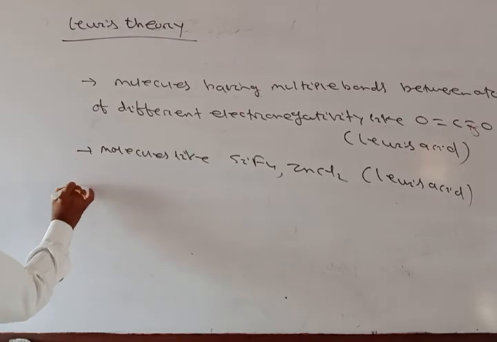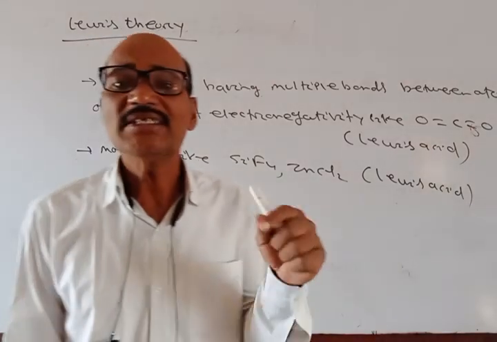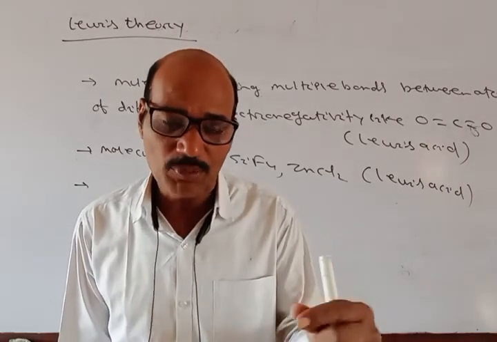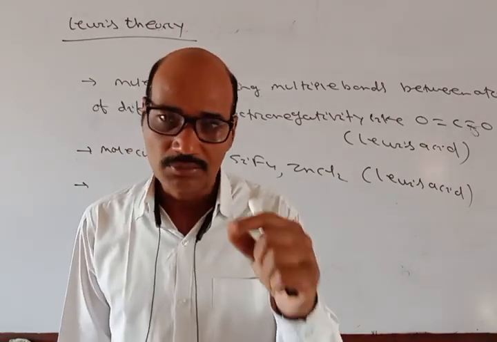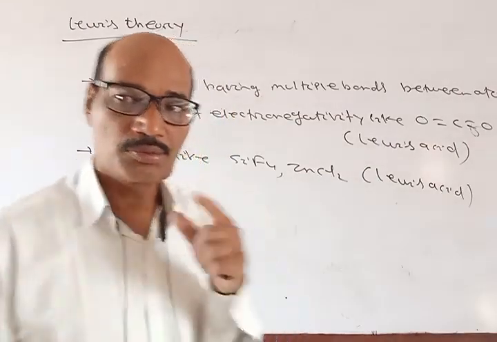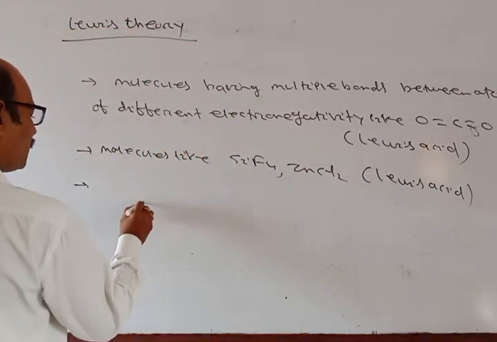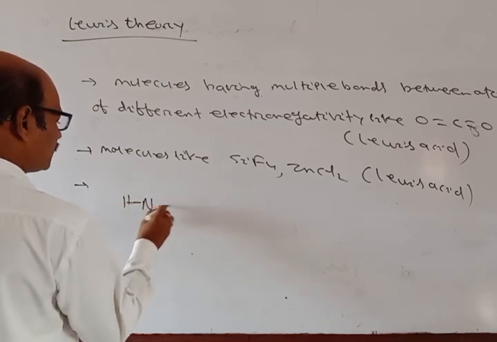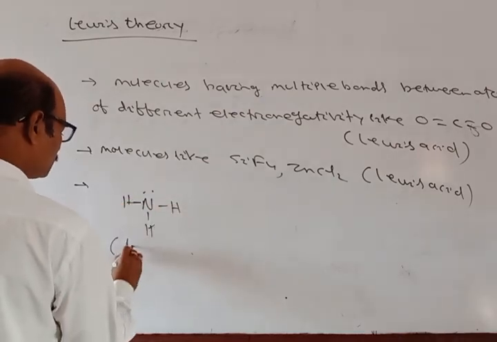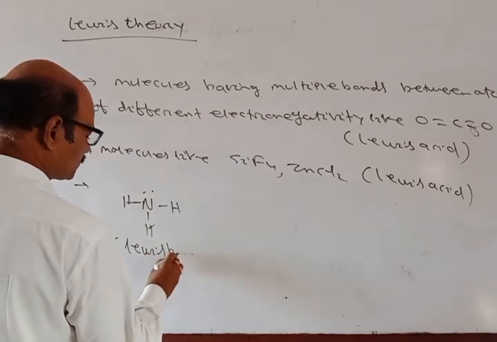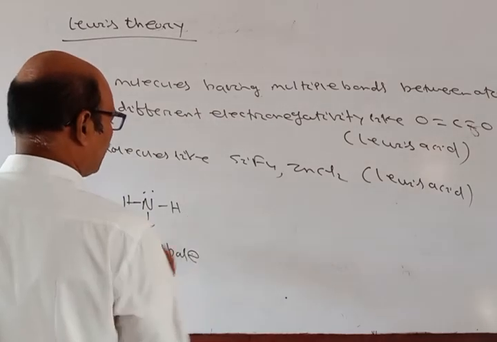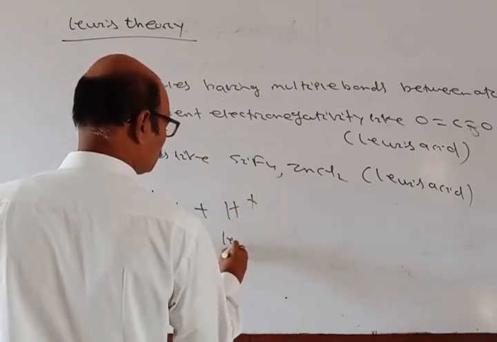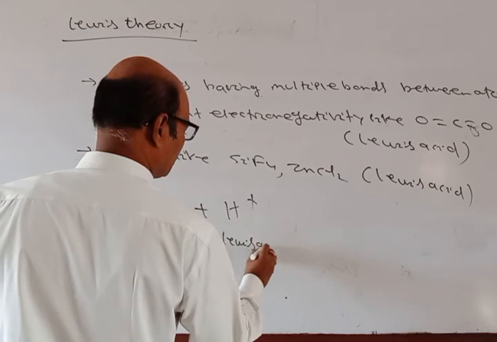And the neutralization between acid and base is the formation of a coordinate bond between the acid and the base. For example, if I take NH3, it is the Lewis base, and I have H+, which is the Lewis acid.